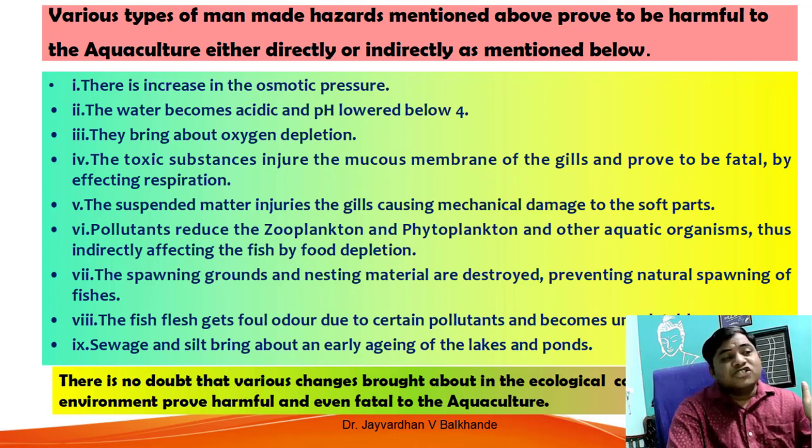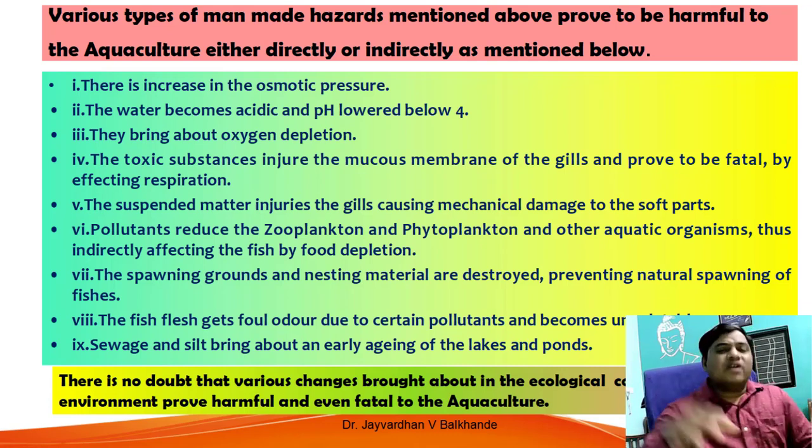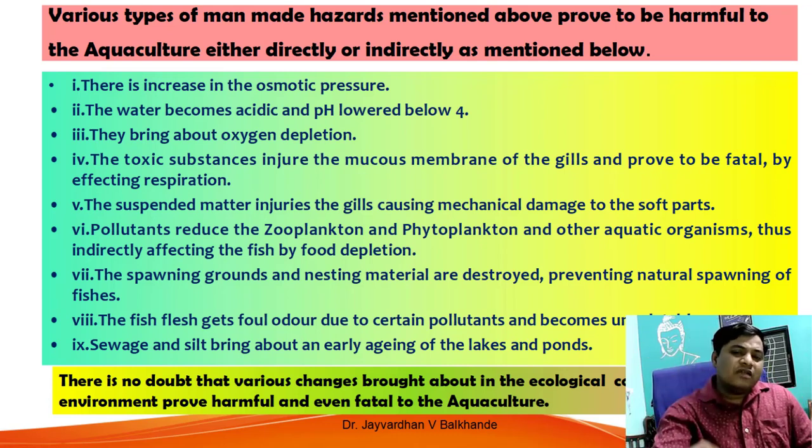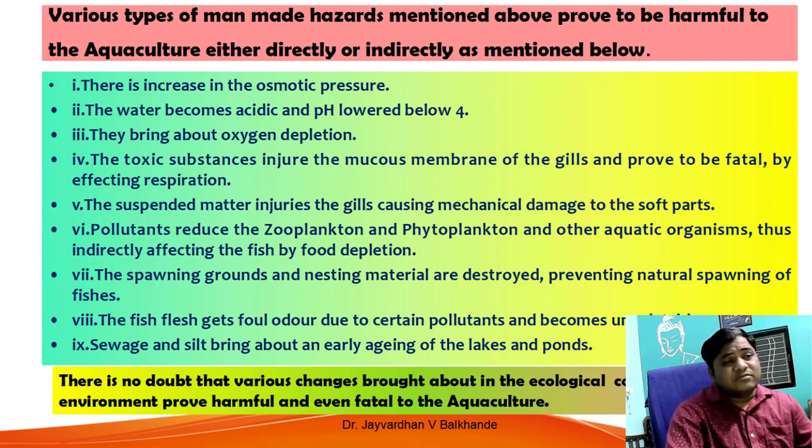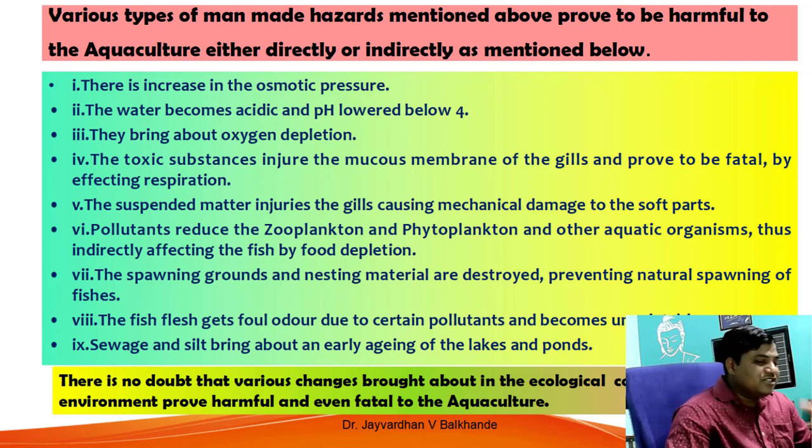Then the fish flesh gets a foul odor due to certain pollutants and becomes unpalatable. If a fish continuously lives in a particular environment, such as man-made or domestic sewage, or agricultural effluent, then because of this continuous presence in the area, the flesh of the fish has a very bad smell. We can say a disgusting smell comes from the fish, and it becomes unpalatable.